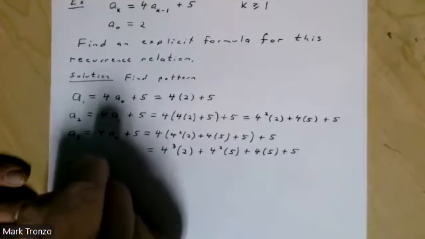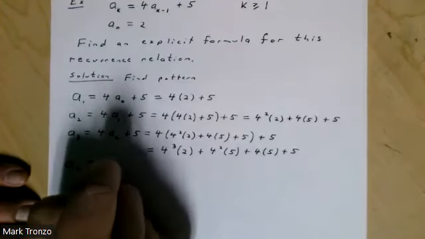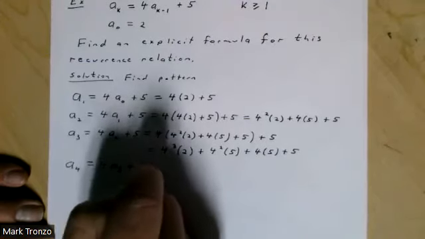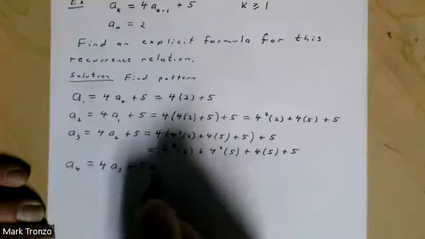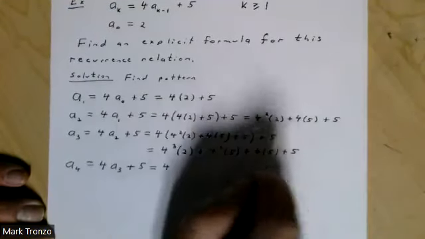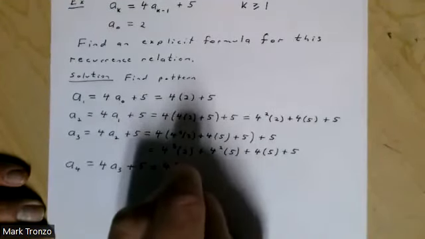A4 is going to be 4A3 plus 5. And so we're going to put 4 times A3 is going to be this.